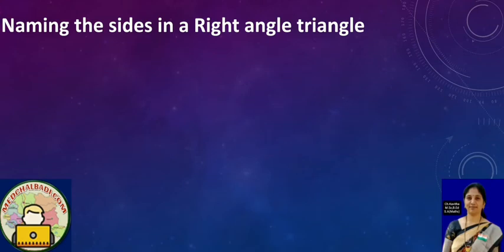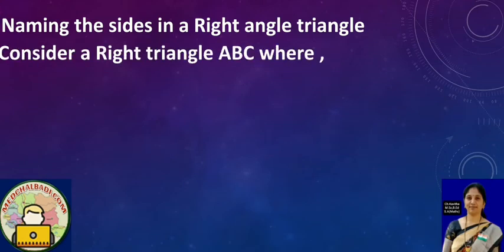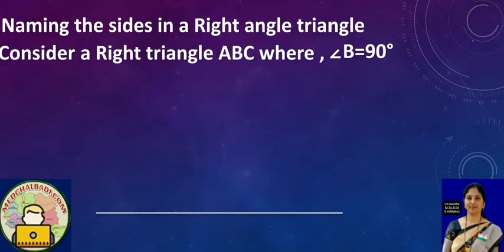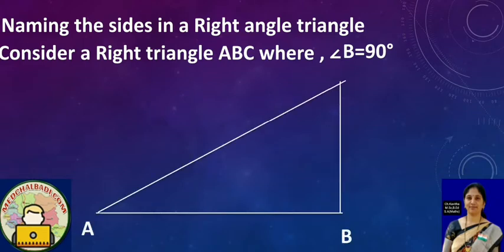Okay, now naming the sides in a right angle triangle. The same triangle I am considering, that means at angle B I am taking the right angle. Now based on the angle C, we are naming the three sides.